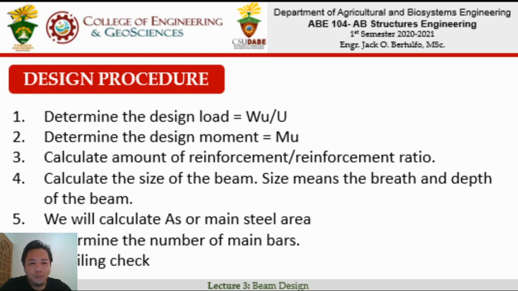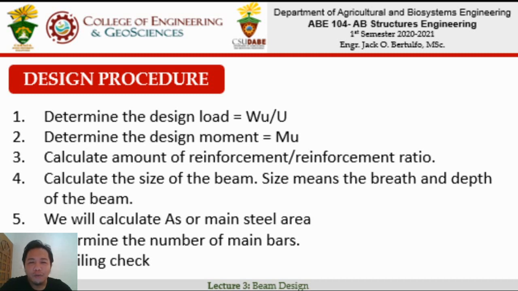Then next one is to calculate the size of the beam. The size of the beam is simply the dimension. So you have the width and the depth, but it's different now because we will consider the steel bar. Next, we will calculate the area of the steel, or the main steel area.